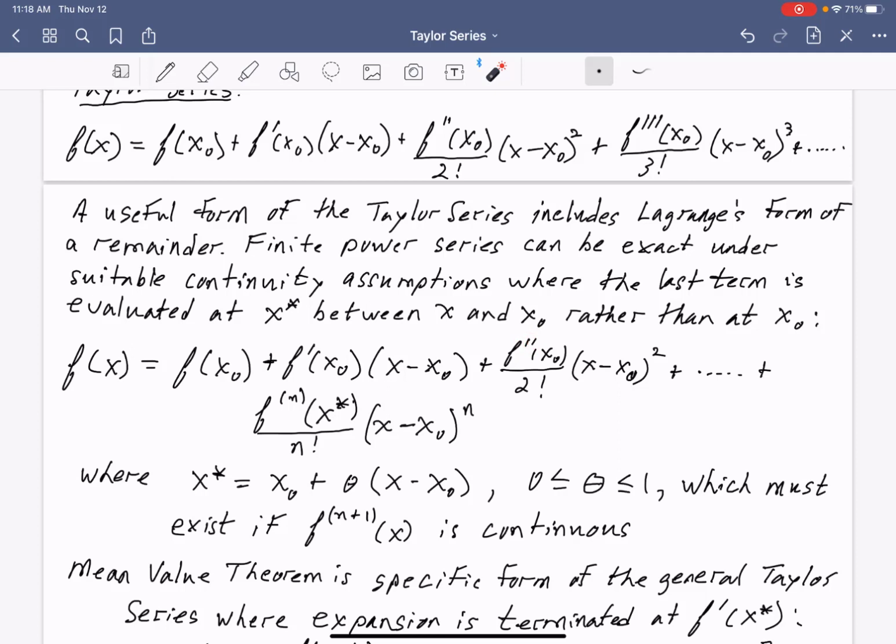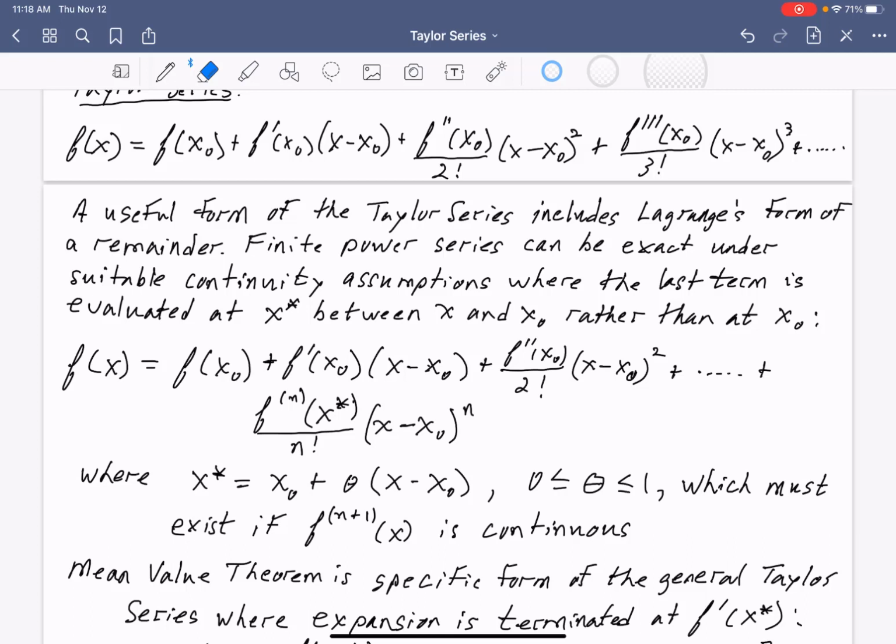So this last term is then the nth derivative evaluated at x star rather than x naught, and then divided by n factorial times (x minus x naught) to the power n, where x star here we define as a point between x and x naught, so x naught plus theta times (x minus x naught), and theta is between 0 and 1, although it can take on the values 0 or 1.